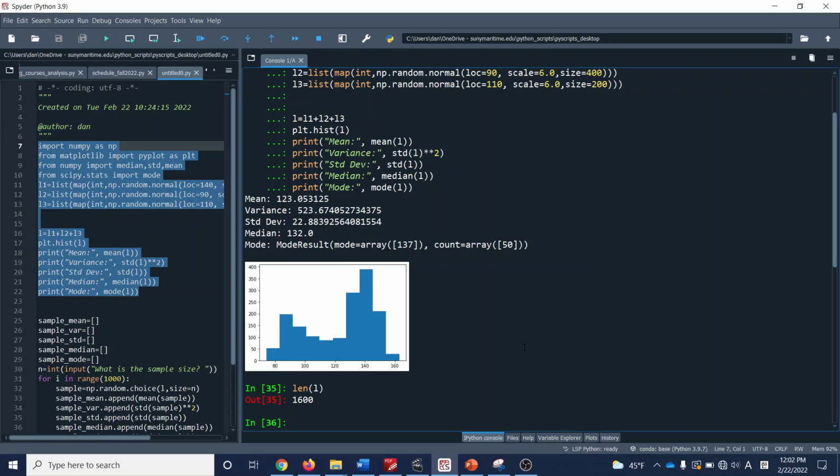From those people, I measured something, and I got the mean value shown here, 123.05, and the variance is 52367. Standard deviation is 22.8839. Median is 132. This randomly collected data has an M shape. So it's not a bell-shaped thing, right?